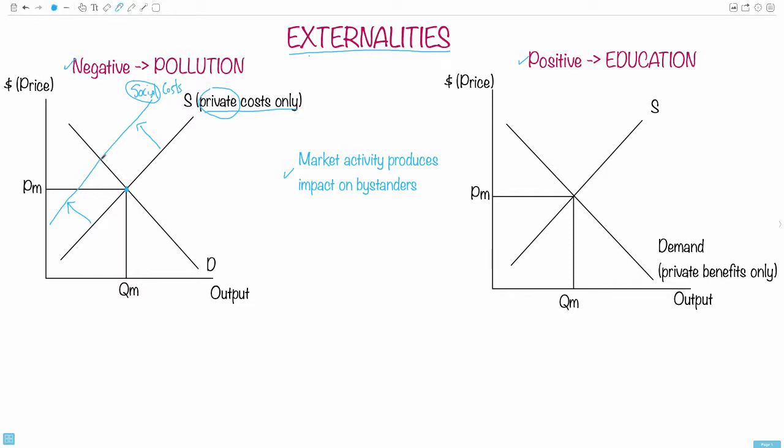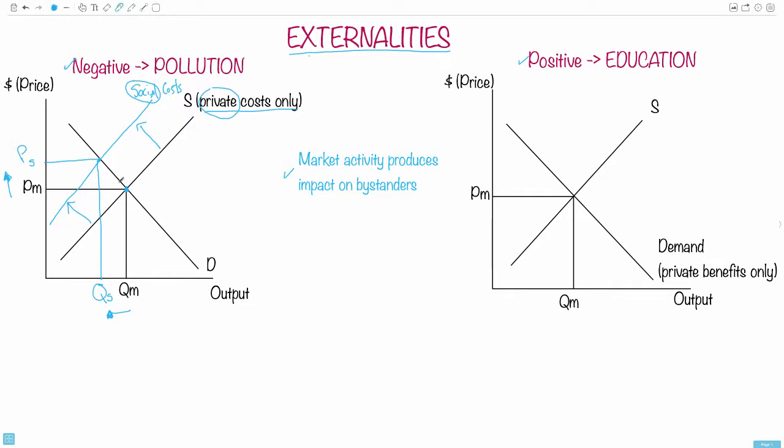Now, if that was the case, notice what would happen. Whatever they're producing, whether it is aluminum or agricultural products, the socially efficient amount QS would be lower than what the market is producing, and the price PS would be slightly higher than the price the market is currently producing.